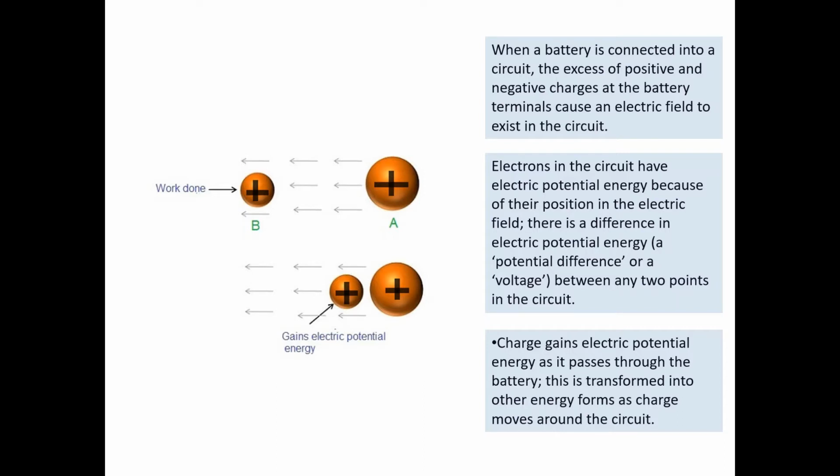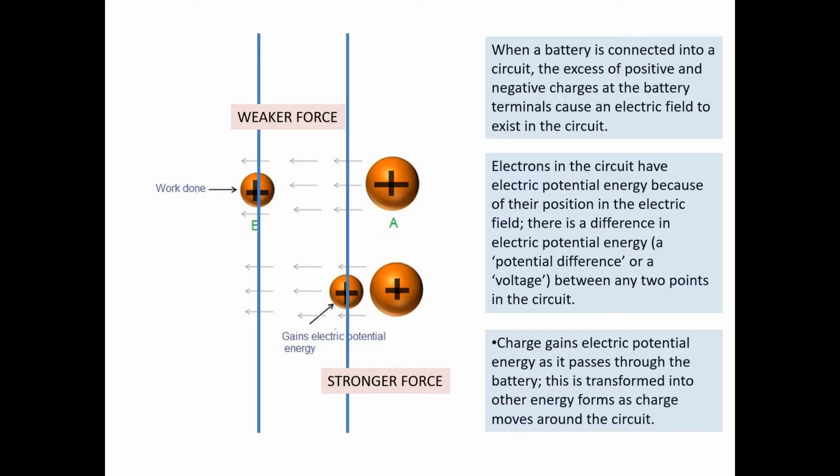So it has the potential energy to go somewhere. So this is what the diagram represents. A line further away from particle A will be a weaker force, and as the particle gets closer to another charged particle, it would experience a stronger force.